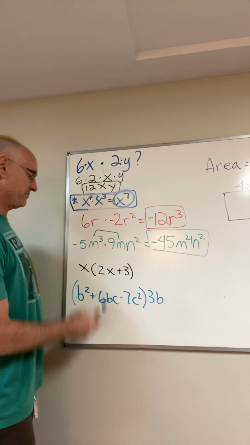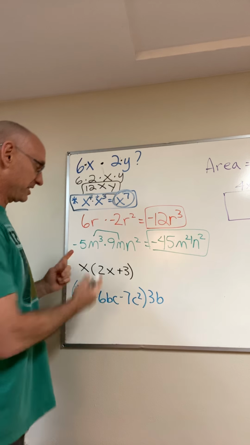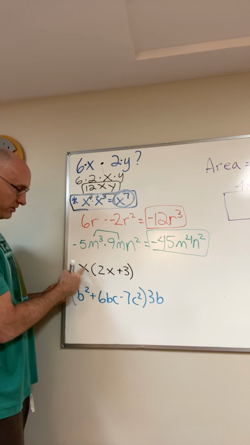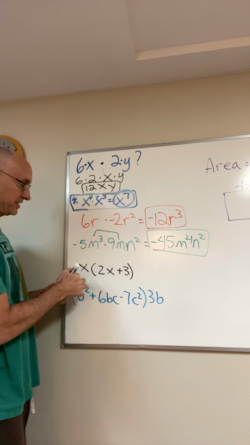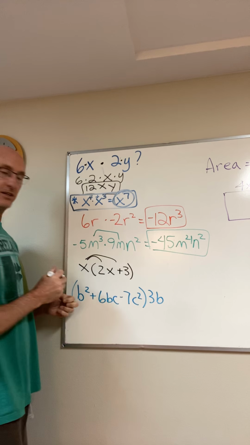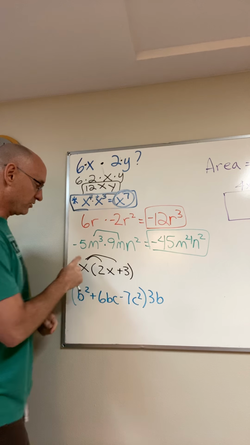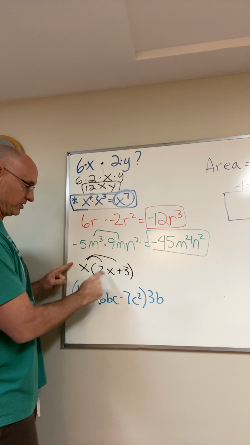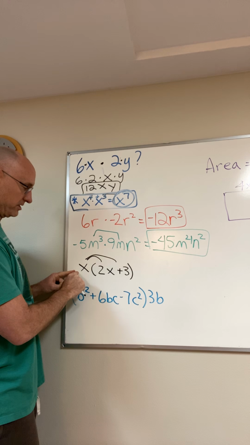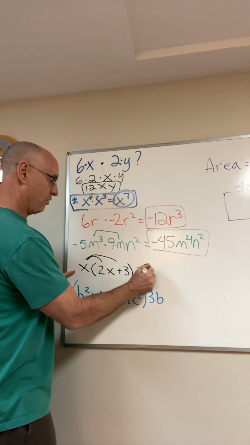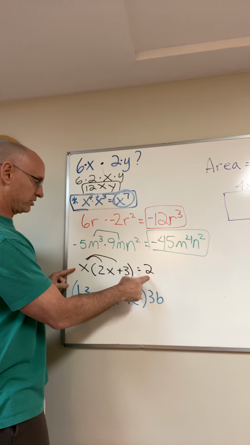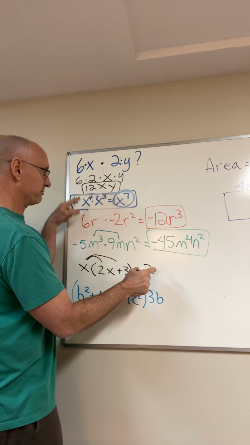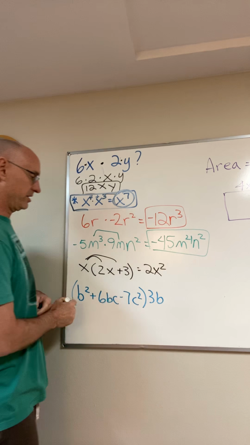Now, this is kind of how you've seen it before with the number out front, the parentheses, and you have to distribute, right? Okay, so x times 2x. There's no number out front, so that's just 1 times 2 is 2, and then x times x we talked about being x squared.